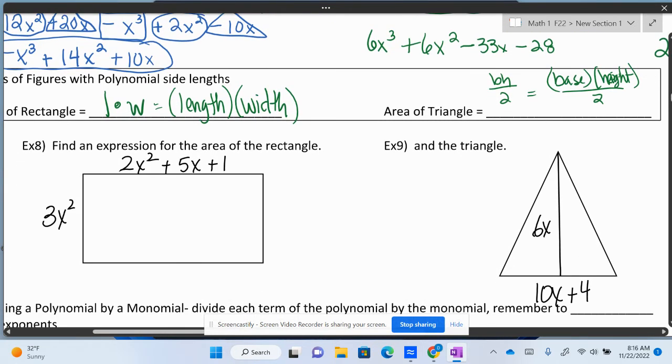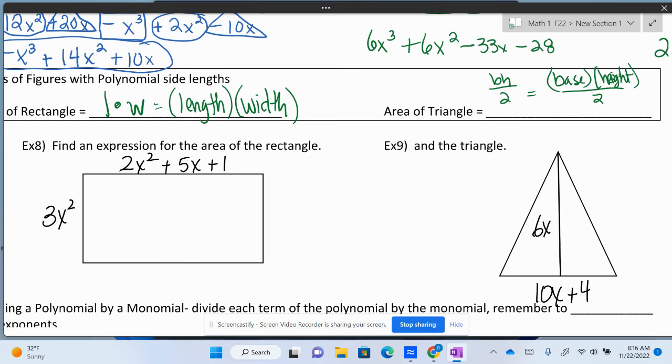So I'm just going to find the expression for the area of this rectangle. So I think it's going to be easier to put this term outside the parenthesis and multiply it by this large term we'll put inside the parenthesis. So I'm going to write it as 3x squared times 2x squared plus 5x plus 1.